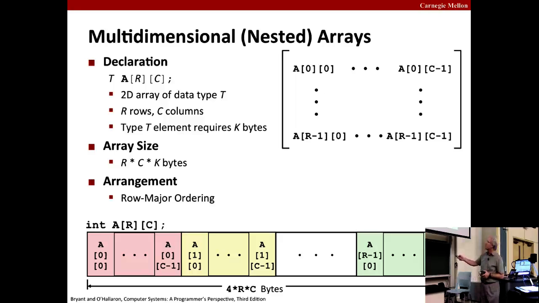Right, so within array A here, each subpart of A then is an array of C ints. And so that's why logically the way these are organized actually comes from this declaration notation directly. And we'll see examples of that.